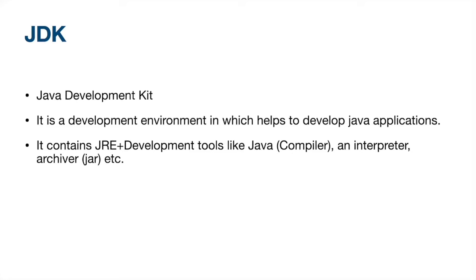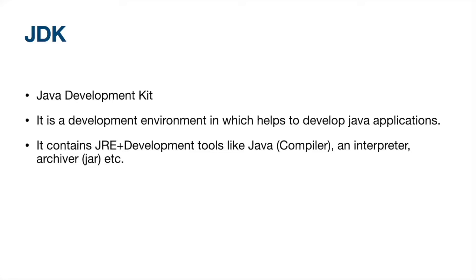So if you want to do development in your system, if you want to do some Java coding, then you will require the JDK. That stands for Java Development Kit, and it provides the complete development package which helps you to create Java applications.